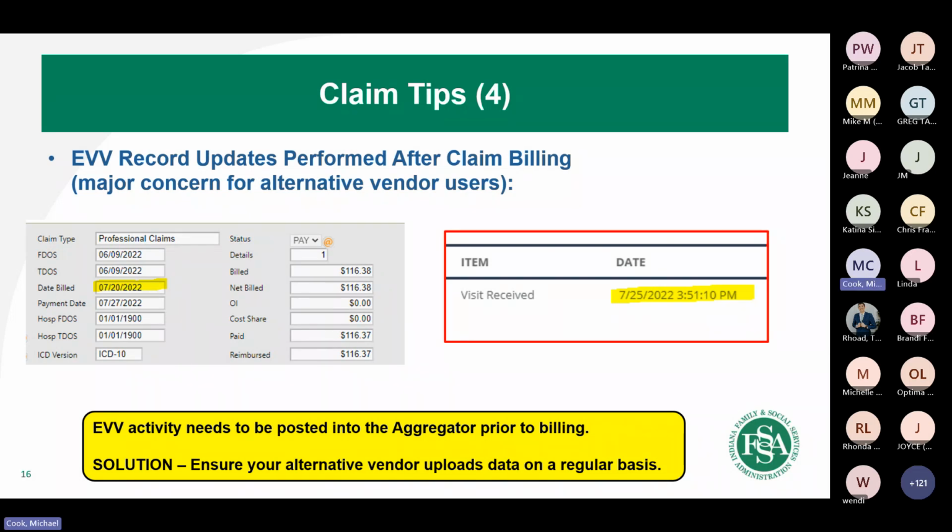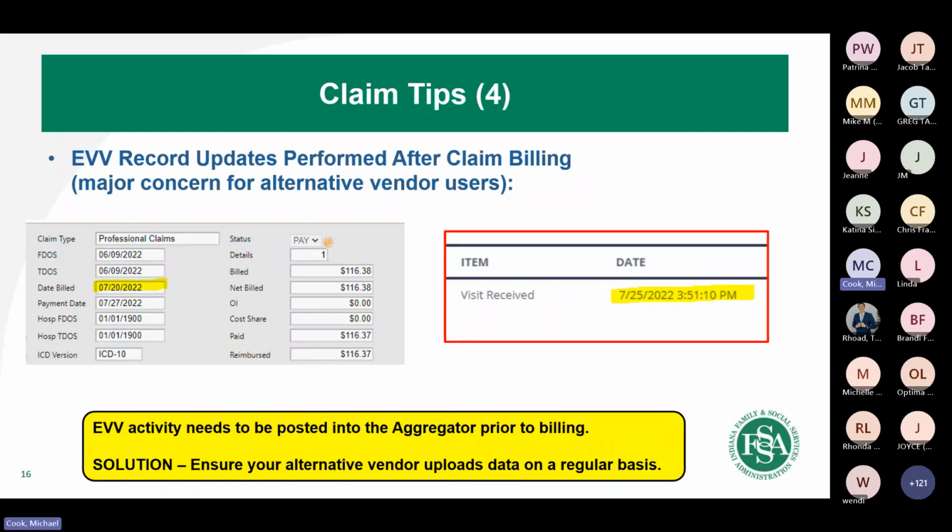If you look on the right, in the SAN data aggregator, a provider may have reached out wondering why this particular claim denied when they believe they've got verified activity in the aggregator. But if you look in the records in the SAN data aggregator, you'll see that the visit corresponding with this particular member and this date of service was received on July 25th of 2022.